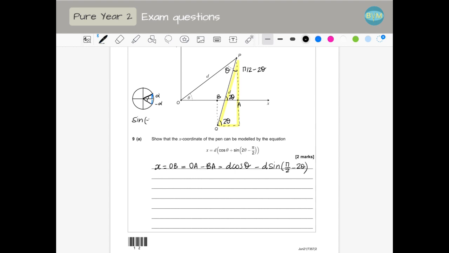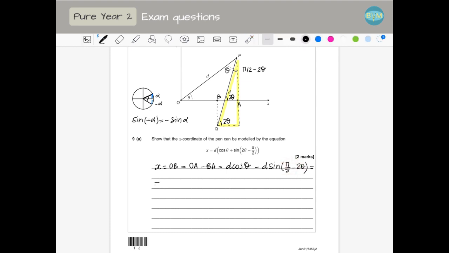So I can say that sine of minus alpha is minus sine alpha, which means here I can write this as plus sine of minus this, and minus this is just swapping the 2 theta with the pi halves. So the minus becomes plus, and then this is minus this angle.